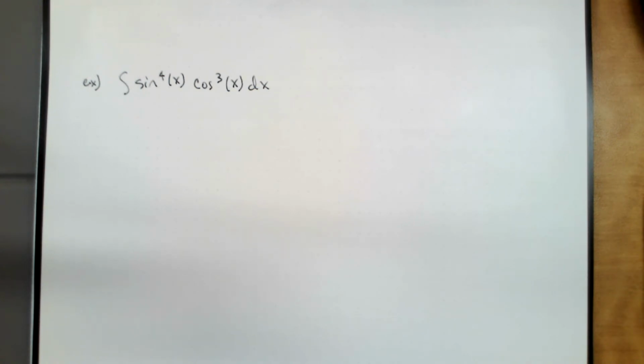We're going to try w equals sine x. If w is equal to sine x, then dw is cosine x. And I have one factor of cosine x. I also have 2 factors of cosine x left over that I'm going to have to deal with. But just on the previous page, we talked about Pythagorean theorems, so you can probably guess what I'm going to do with those 2 factors of cosine.